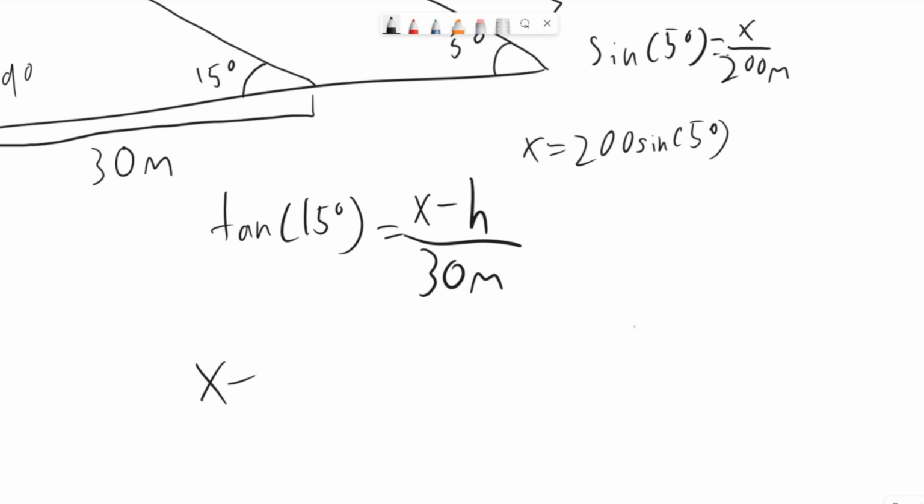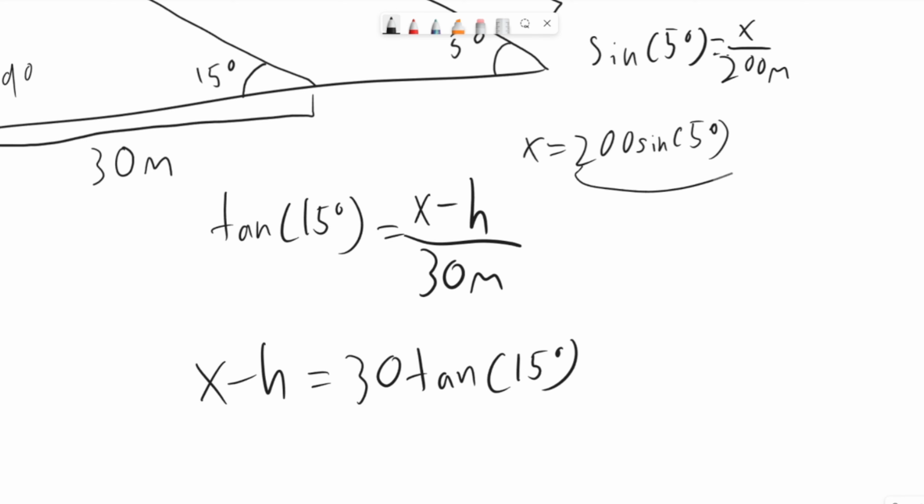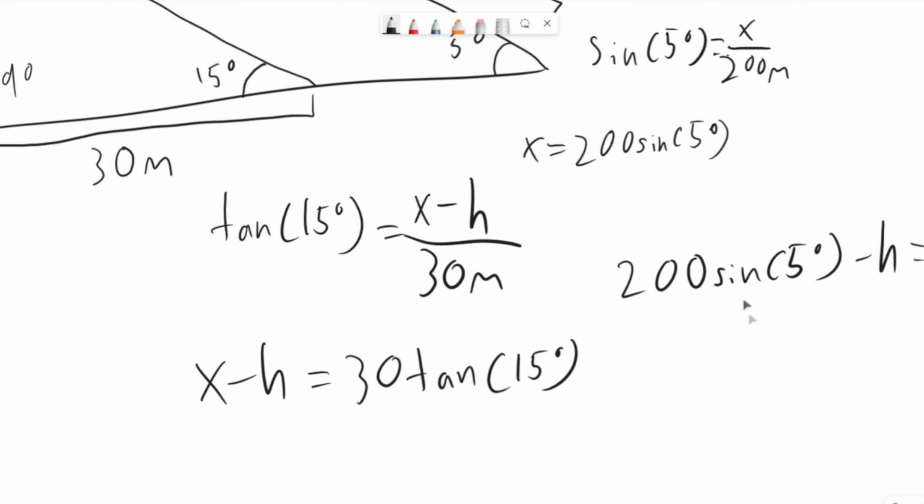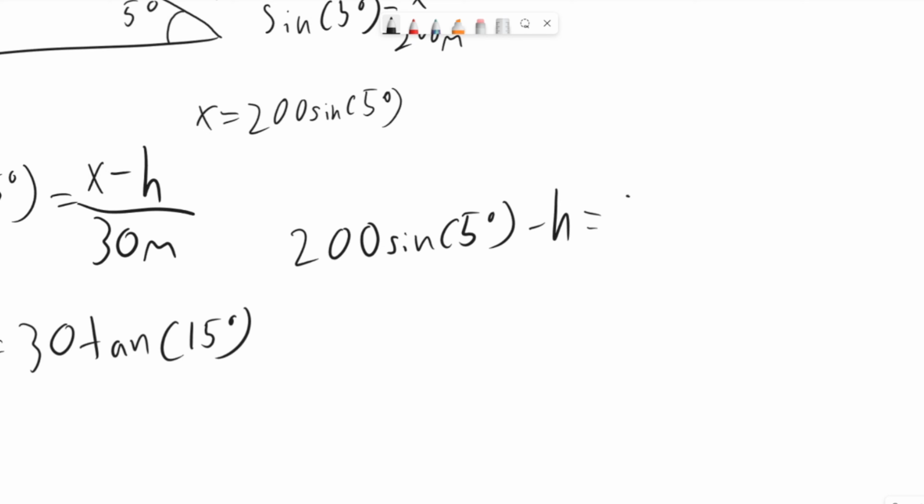This means that x minus h is going to be 30 times the tangent of 15 degrees. Since we know x is this, we can actually substitute that in. We get 200 sine of 5 degrees minus h equals 30 times the tangent of 15 degrees.